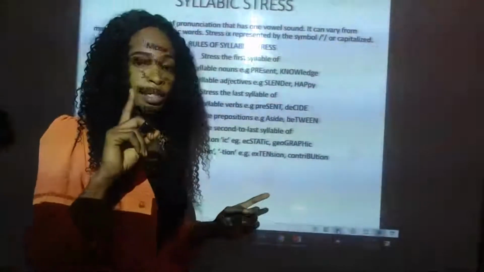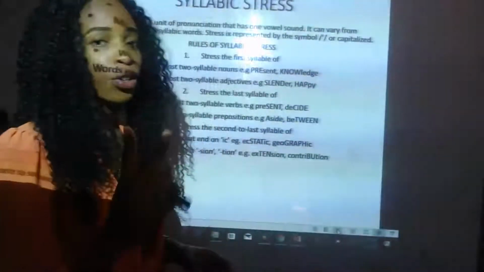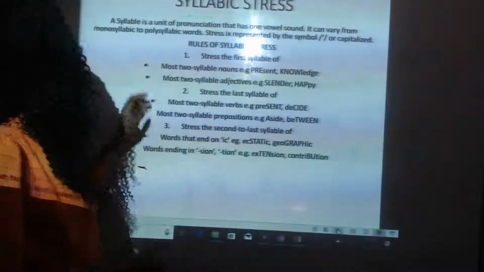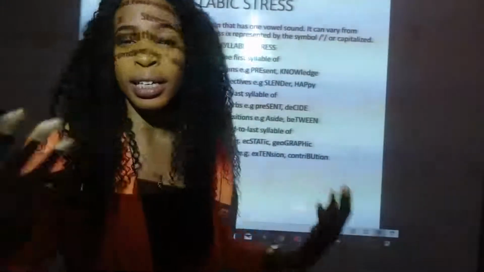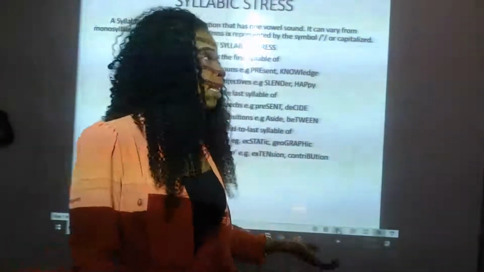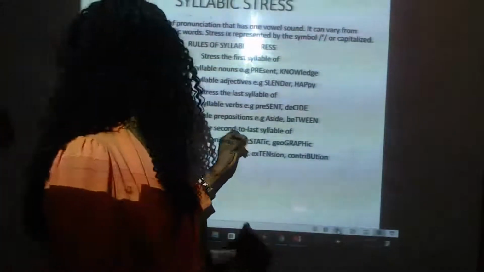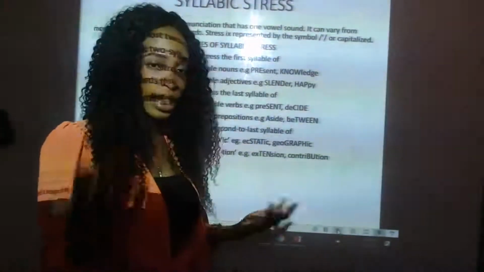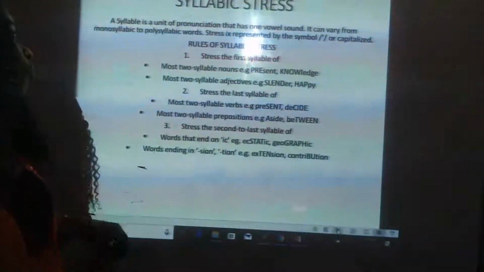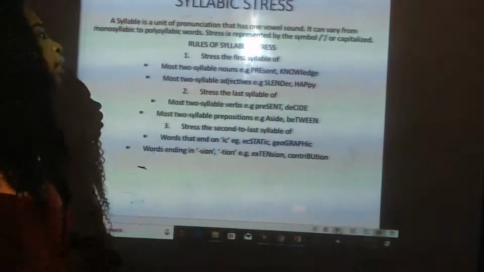Ha, that's one sound segment. Py, another sound segment, giving you a disyllabic word. Then to polysyllabic, that is when it's now more than 2. Any word that has more than 2 syllabic sound segments is called a polysyllabic word. For example, education has more than 2 syllabic sounds. Therefore, it's called what? Polysyllabic words.